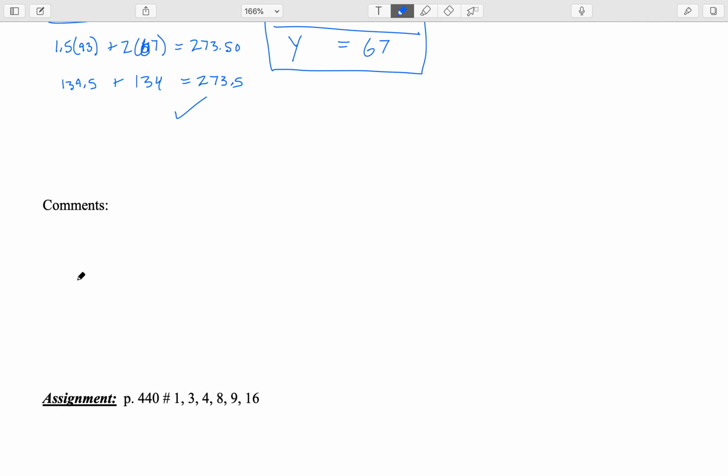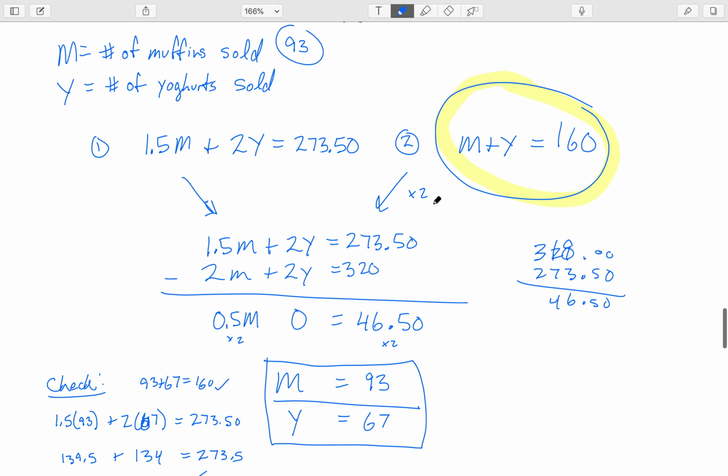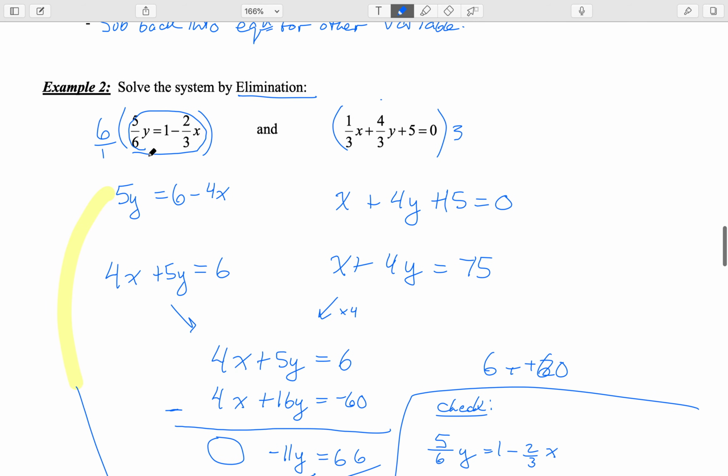Okay, so here's something to keep in mind. Elimination might be preferable. Some people like elimination over substitution. Why? Because you can avoid fractions, right? Remember this one back up here? Even if you get rid of the fractions, if I'm going to solve for x or y, I know I'm going to be dividing by 5 or dividing by 6 or dividing by 4, dividing by 4, dividing by 15.